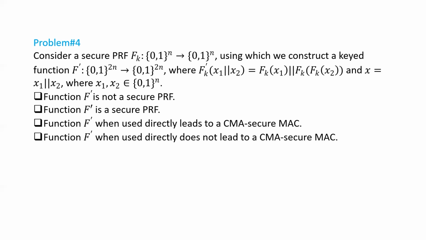In the context of PRF, we are not talking about any encryption scheme. PRF is a cryptographic primitive, a pseudo-random function, right? You are trying to design a function whose output is indistinguishable from the output of a truly random function.